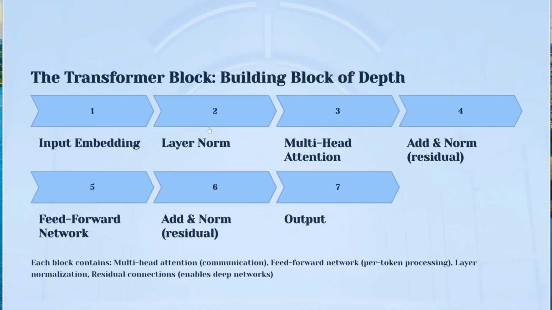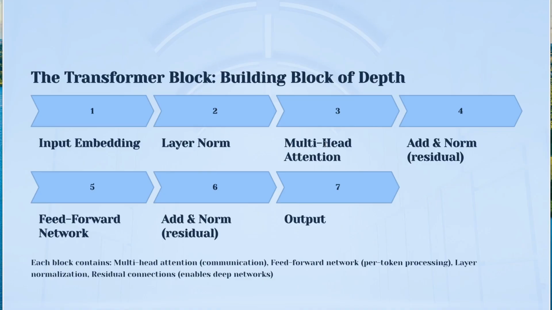But here, let's say we first apply layer normalization. The reason is to stabilize training by ensuring that the input to each sublayer has consistent scale. Most modern transformers use this pre-norm structure where normalization happens before the main operation.